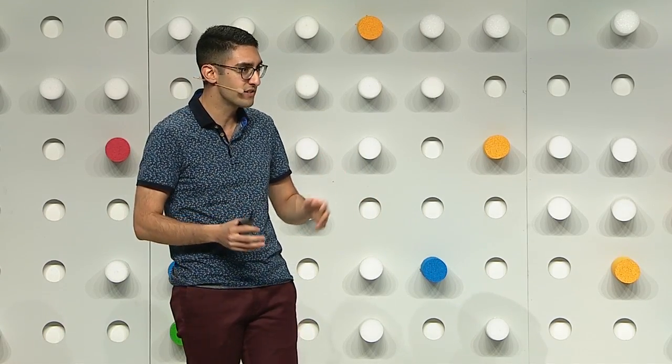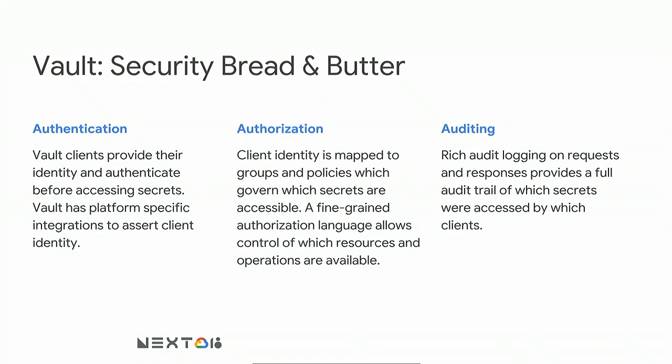There's other stuff that we don't have time to touch on in much more detail, which is classic security bread and butter, the 3 A's, right? As you'd expect, Vault has many different mechanisms to authenticate against it. Whether it's an app running in Kubernetes and we're tying into the platform, a VM just running in Google Cloud, or a user who's using LDAP to authenticate, there are many different authentication mechanisms. All of that comes into a central authorization system.